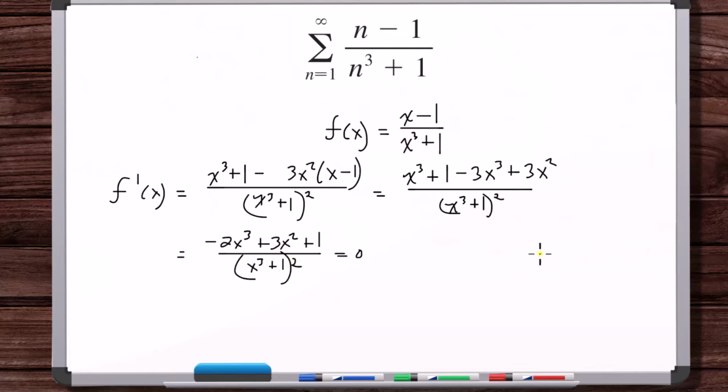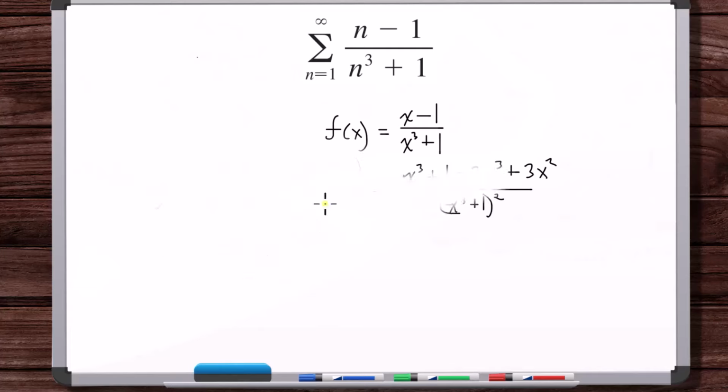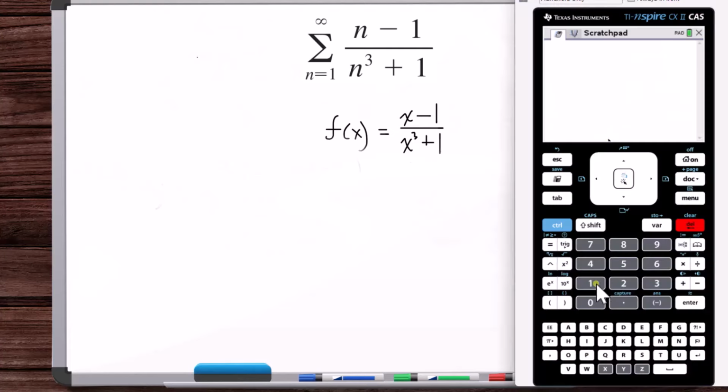When is this equal to 0? I mean, okay, this is going to take too long. We have to solve this polynomial equation. So let's just use our calculator. All right, so x minus 1 divided by x cubed plus 1.